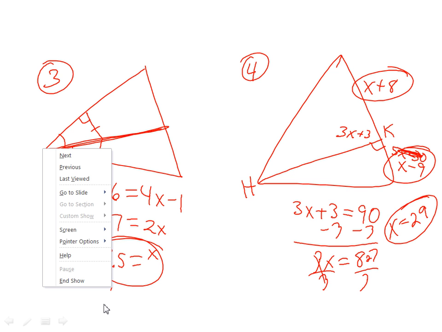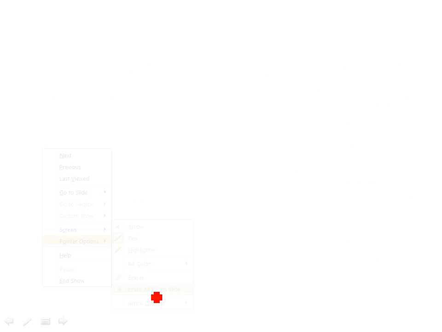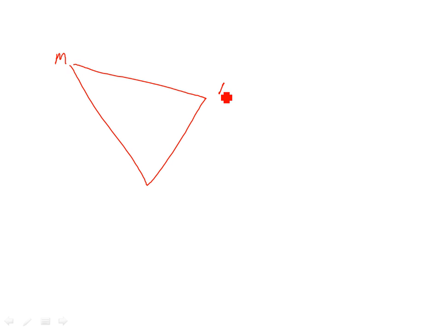Give me another one. 5, 6, and 7. This deals with what theorem? The median theorem, right? Actually, it's called the centroid theorem. So watch carefully on this because we can do all these. My triangle doesn't look right, but you'll just have to live with it. M, N, L. If this is the centroid, and I know that this part right here is 2z, and this is 2.8.